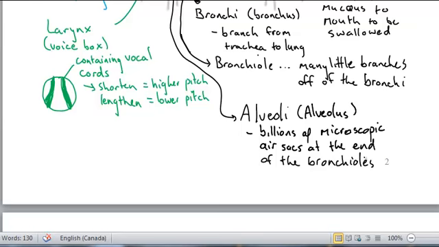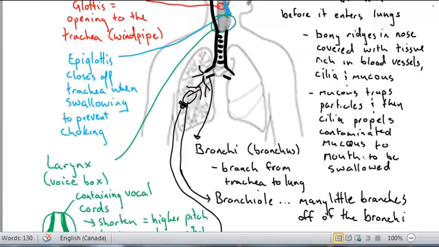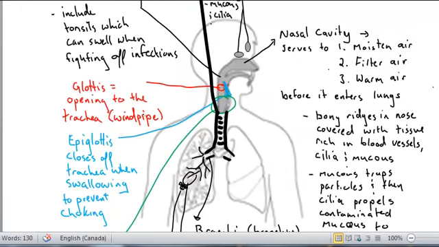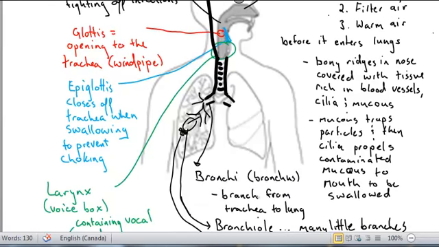So that's the main parts of your respiratory system. Now we're going to take a closer look at a few of the key parts and the overall structure in here. One thing that's not drawn in here are the diaphragm and ribs, and we'll take a closer look at those in another picture.